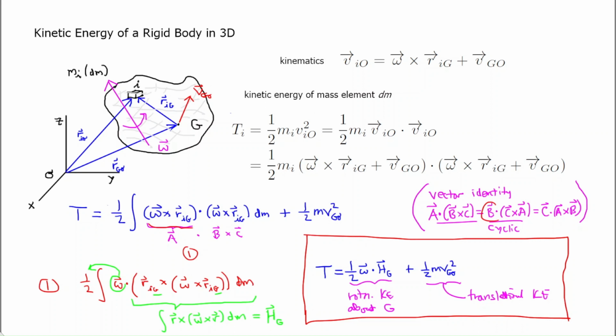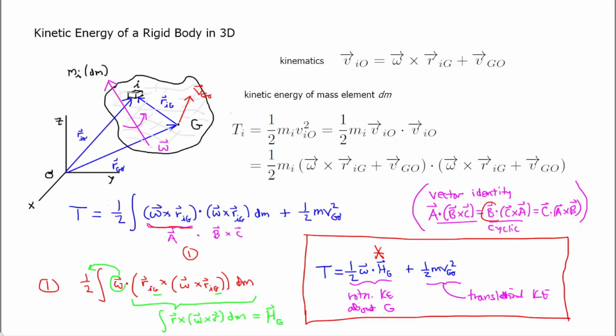Depending on details, this h sub g might be a long formula in and of itself. So generally, when we use this formula for kinetic energy, we calculate h sub g first, then insert it into this formula as needed.